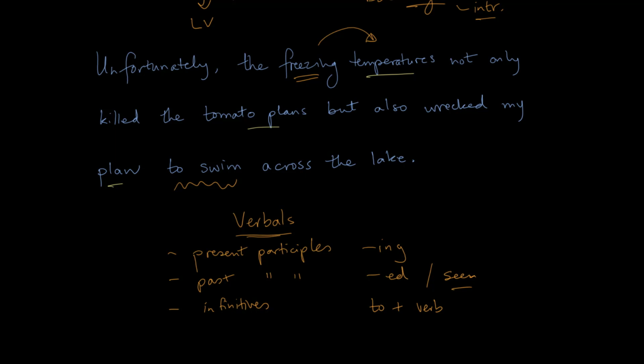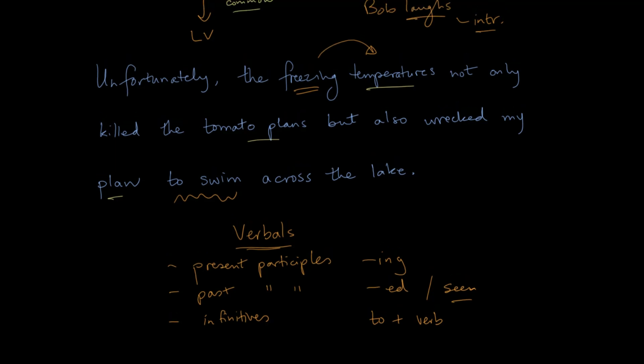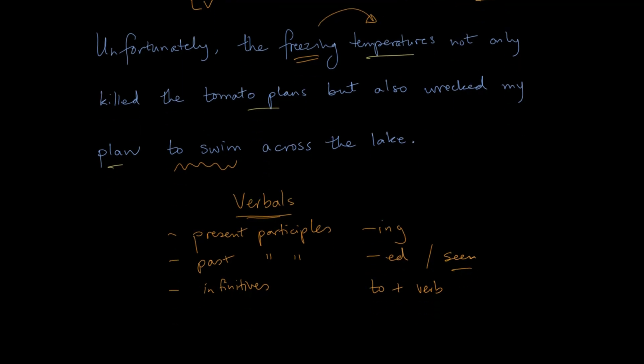So they can act as part of the verb phrase, right? But they can also be adjectives or even kind of by themselves to create smaller phrases. There are lots of things that they can do, and it's really good to be aware of their different functions. Okay, so that's it for verbals for now. Let's move on to adjectives.